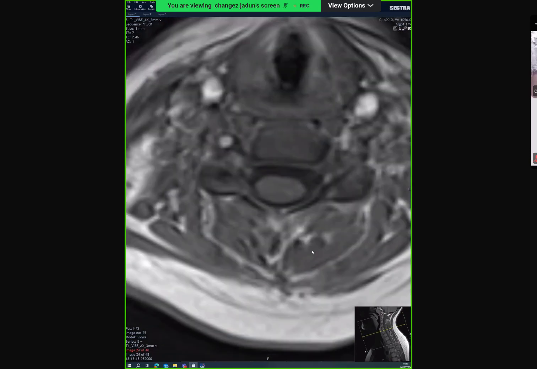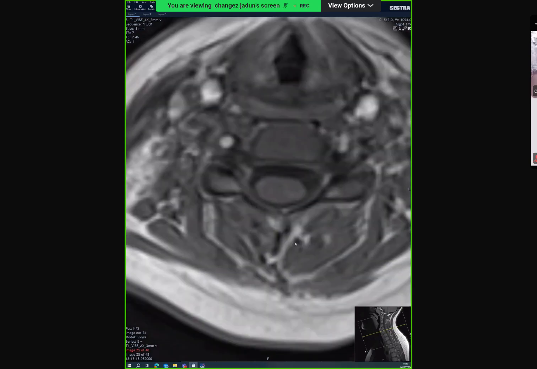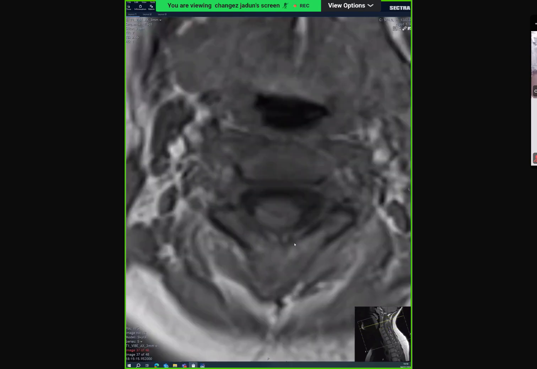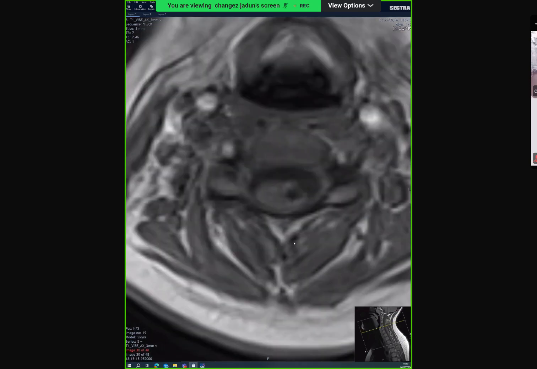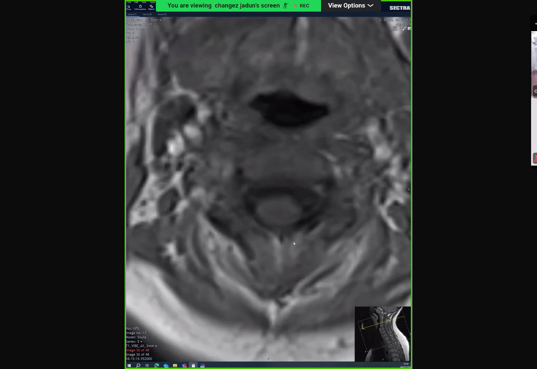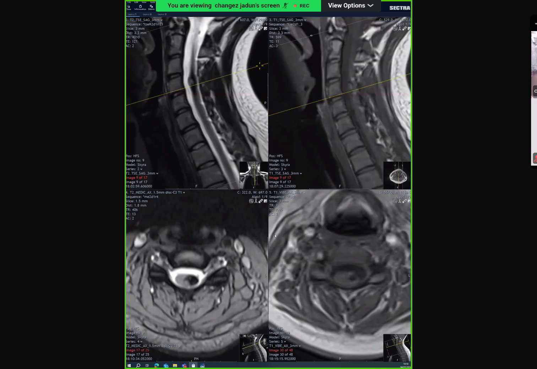Okay. So I can see that the lesion seems to be eccentrically placed towards the left side on the axial sections on these T1 weighted images, and I would like to see this on the T2 weighted images also, if possible.